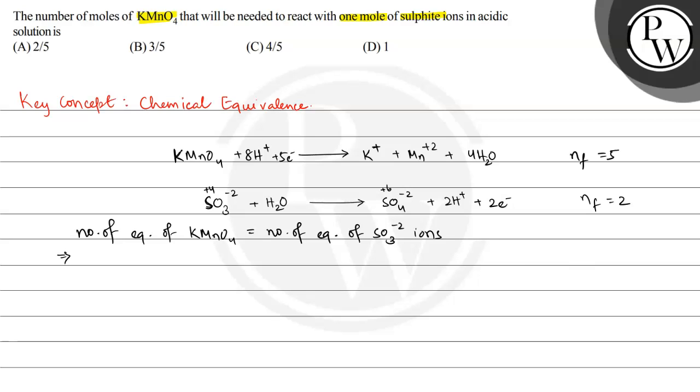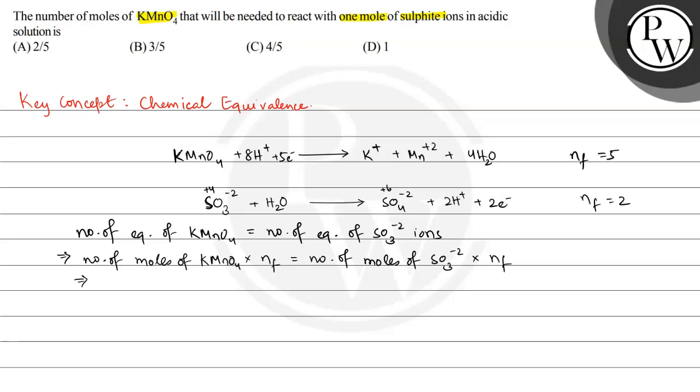Alright. And number of equivalents का फॉर्मूला हमें पता है, that is number of moles of KMnO4 multiplied by the n factor should be equal to number of moles of sulfite ions, that is SO3 minus 2 multiplied by its n factor.